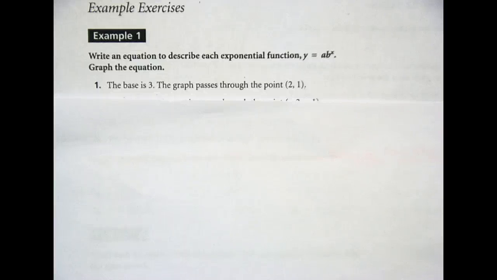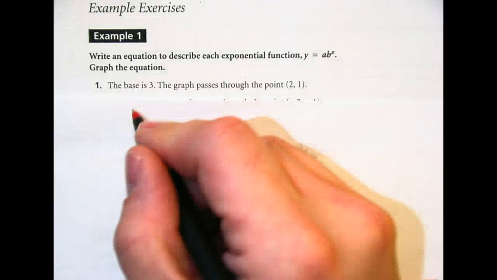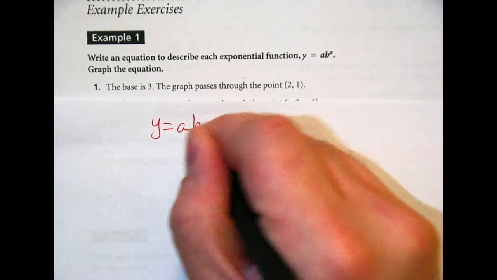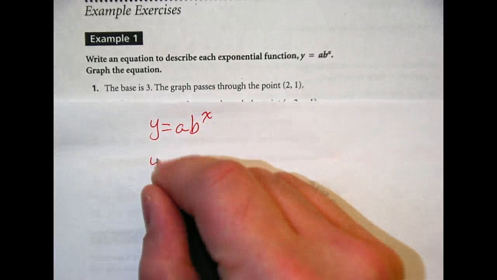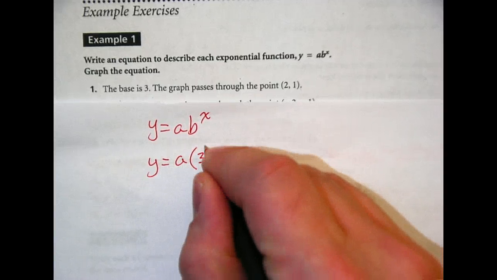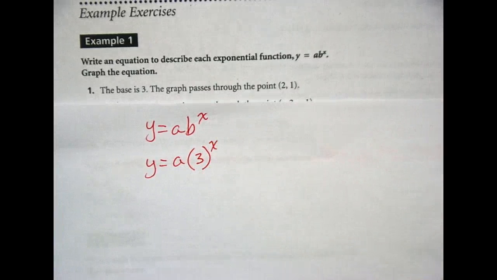What does the base mean? What is the base? The base is your B. So that's nice of them to give us the base. What are we missing? A. How do we find A? Yeah, plug this x and y in.